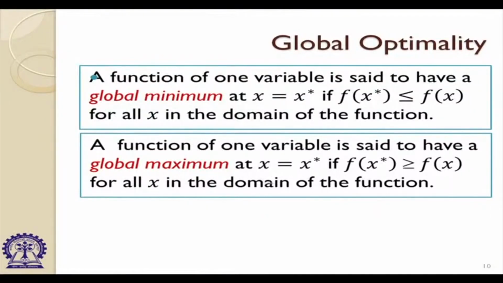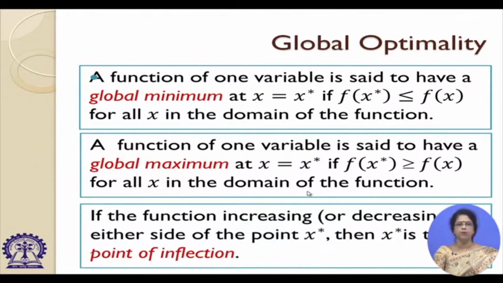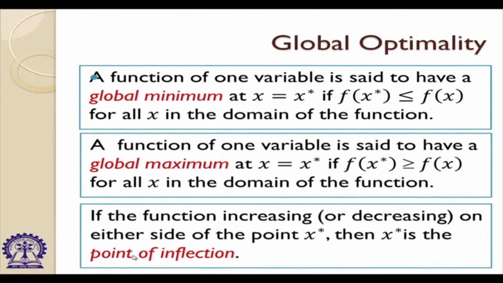Similarly, for the global maximum, if no point in the domain of the function gives a higher value of the function than f of x star, then that is the global optimal. Then which one is the point of inflection? All of you know, in the point of inflection, on either side of the point the function is both increasing or both decreasing.